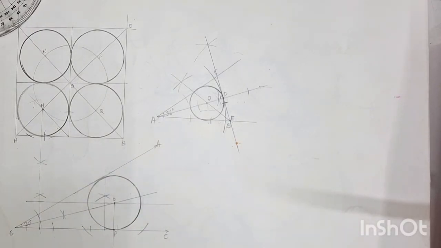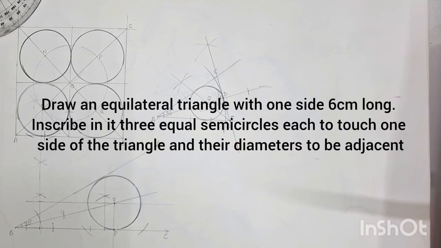Next question. Draw an equilateral triangle with one side 6 centimeter long. Inscribe in it 3 equal semicircles, each to touch one side of the triangle and their diameters to be adjacent.